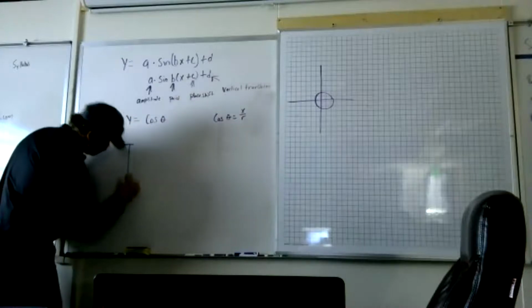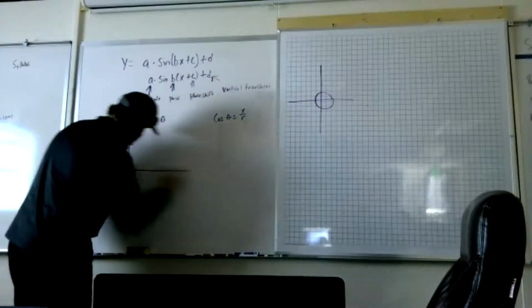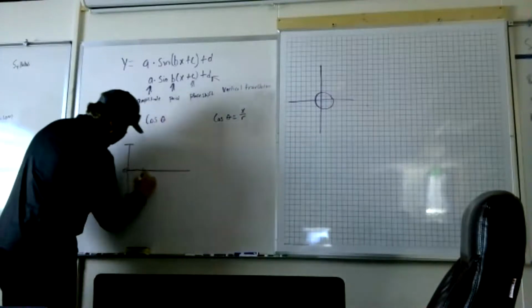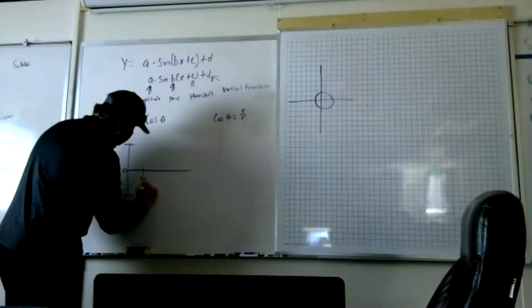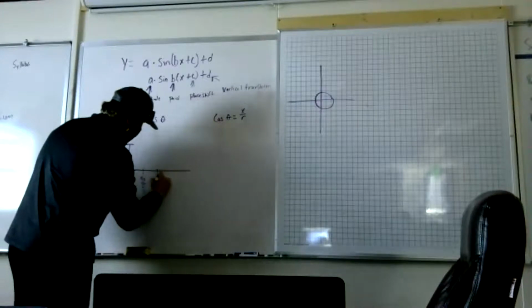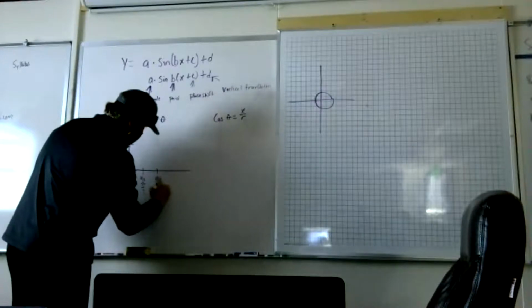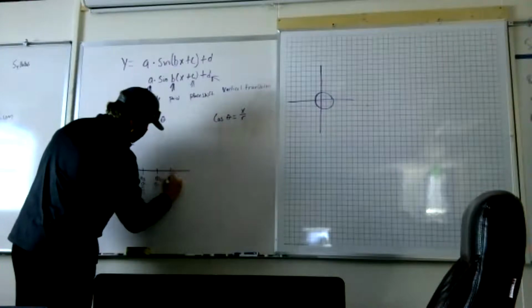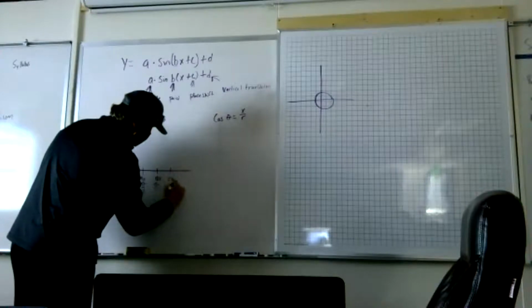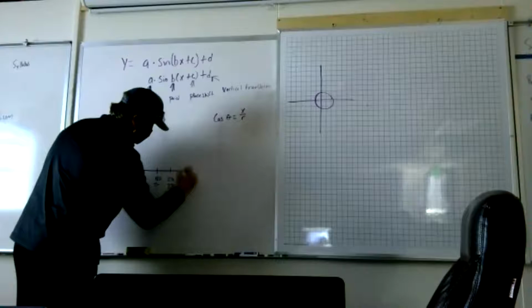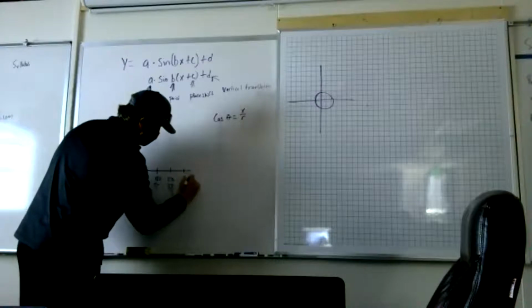Okay, there's my midline. There's 90 or pi halves. There's 180 or pi. There's 270 or 3 pi over 2. And there is 360 or 2 pi.